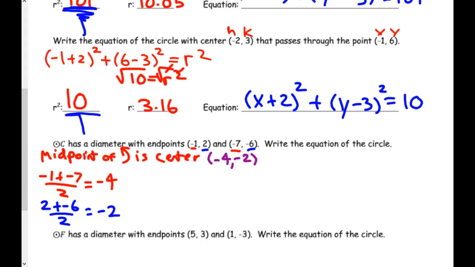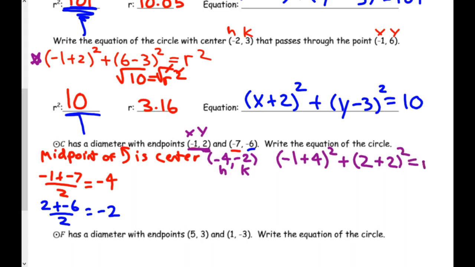And now we're going to use the center and 1 point, and we're going to do what we did up here, off to the side. So let's pick this is my x and my y. This is my h and my k. So I'm going to do -1, opposite of h is +4, squared, plus my y, which is 2, and the opposite of k is +2, squared, to give me r squared.